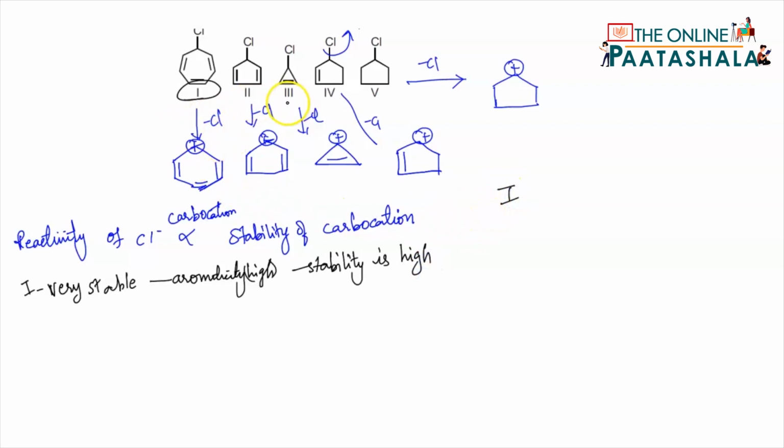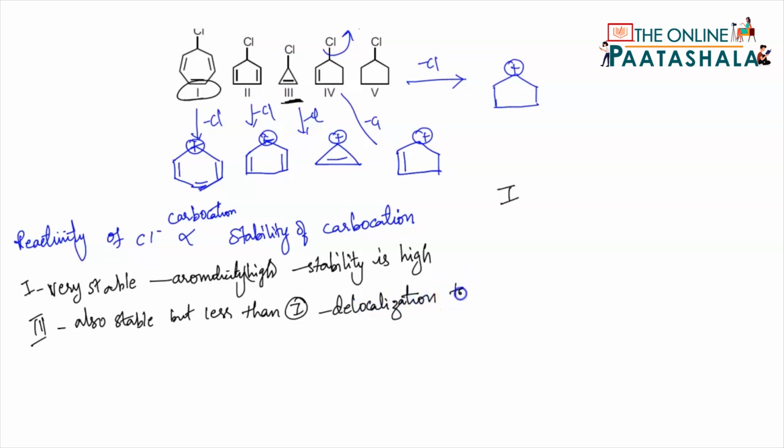Next it goes to the third. The third carbocation is also stable, but less than the first carbocation, because here delocalization of electrons takes place.